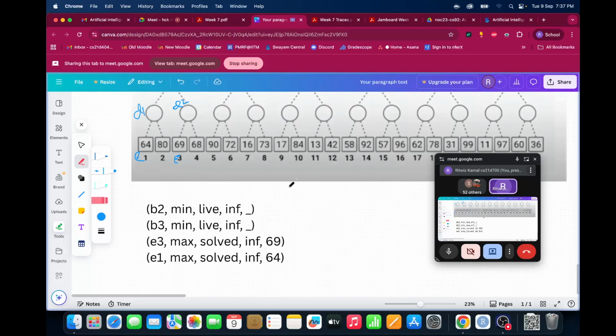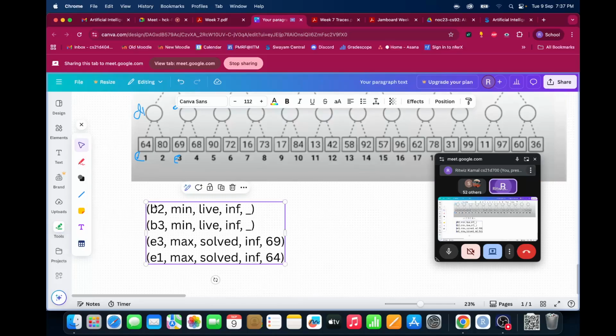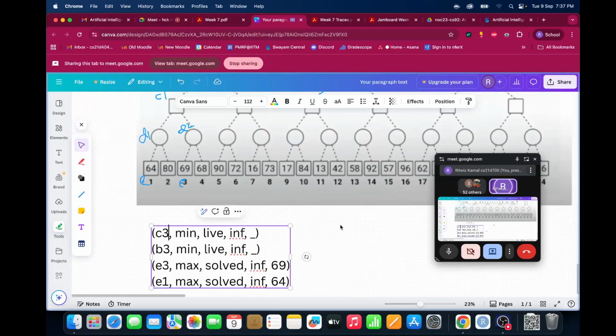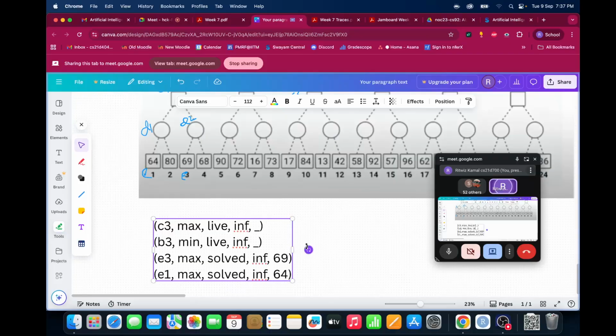Correct. So B2 will be popped, C3 will be added, which is a max node, currently live, bound infinity, and value unsolved. Okay, this is what the priority queue looks like.